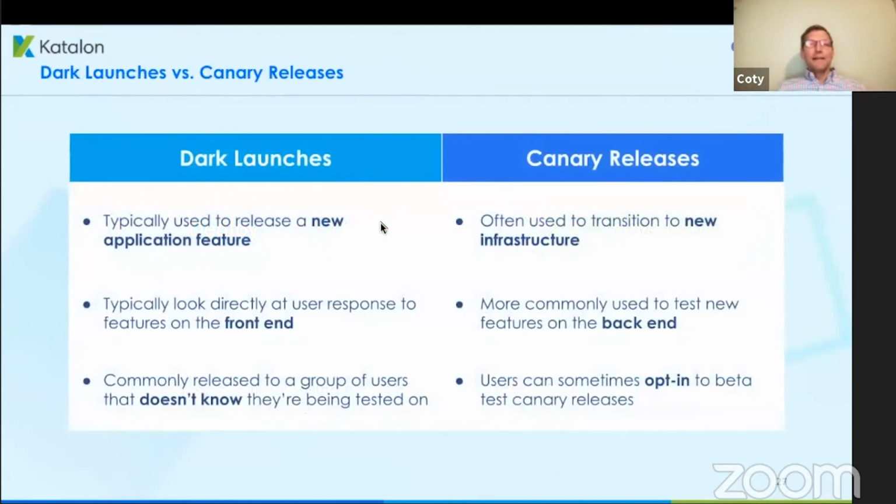So just to go over it, but not to belabor it, dark launches are most often used for new application features, in contrast to Canary releases, which can certainly support new application features, but are most useful and really usually the only way you can support new infrastructure changes. Dark launches are typically looking at how does a user respond to this feature, and Canary releases are often looking at how does this affect the performance of the system, because they're often involving back-end or infrastructure features.